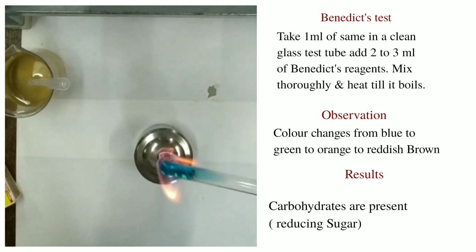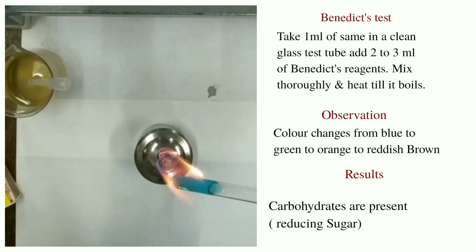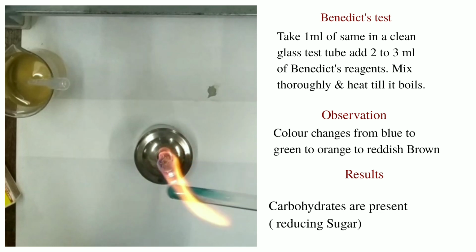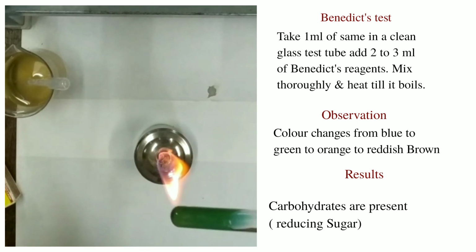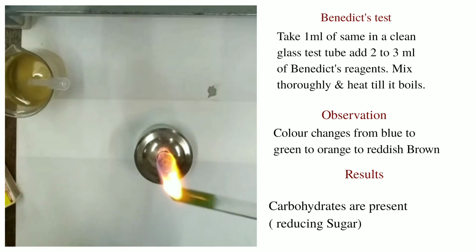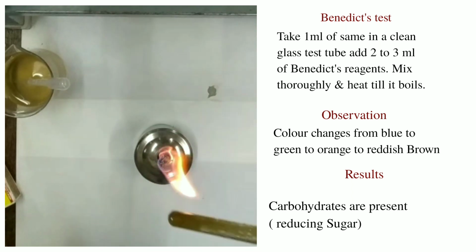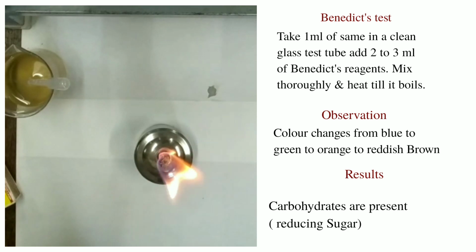As we heat, we can see the color changes here also. It turns into green. So you can see the green color. Then if you keep heating it, it changes into orange and then into reddish brown.